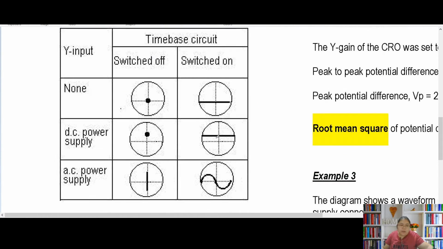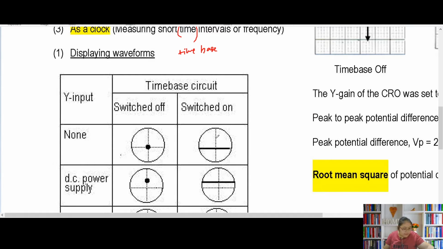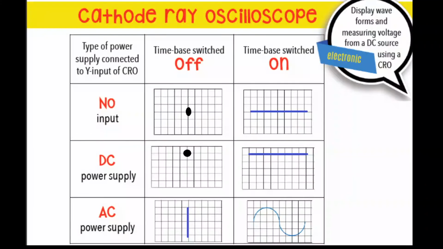Okay, so from here we can see the next one. Next one is a diagram. I would like you to see the diagram, it is clearer from here. Okay, this one is a diagram. When we talk about the time base on or off.